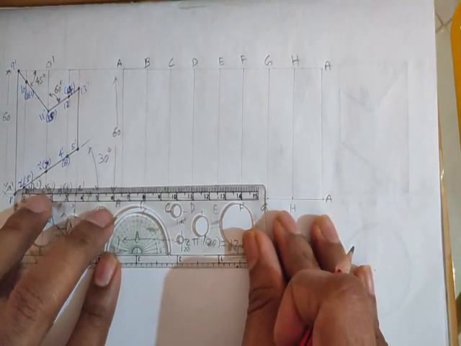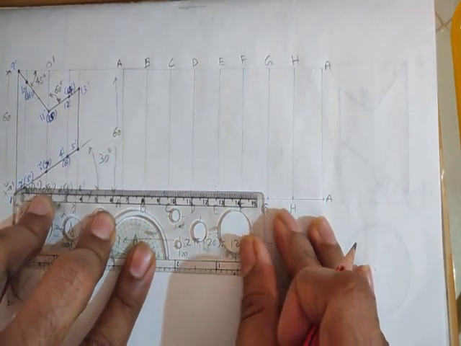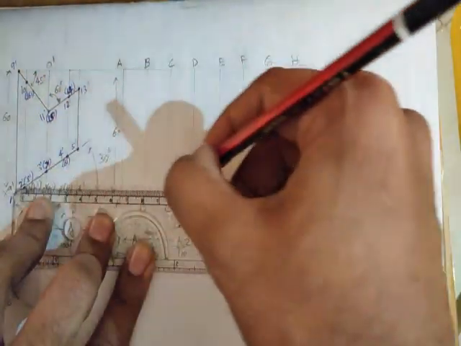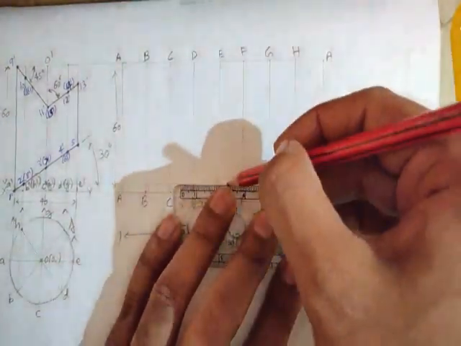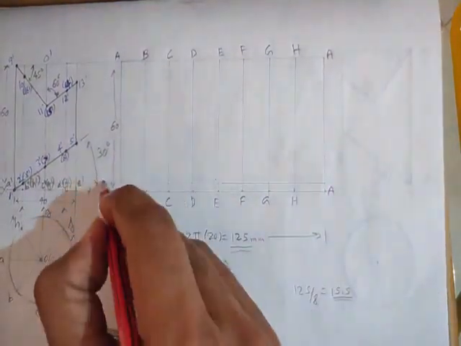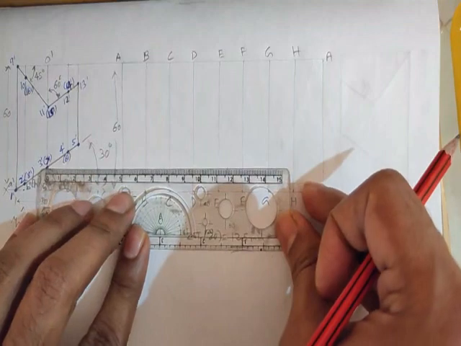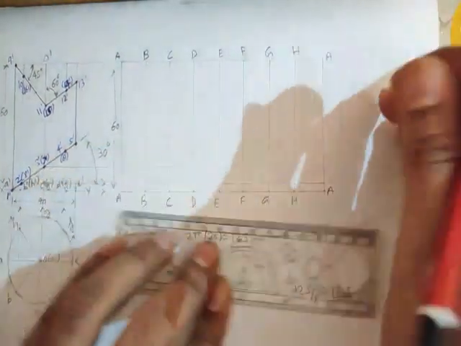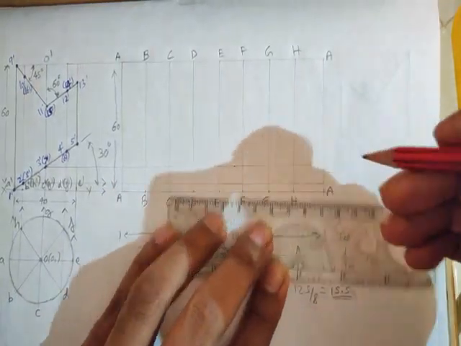So for example 2 here, this is the projection of 2 and 8, this is the projection of 1, this is the projection of 3 and 7.